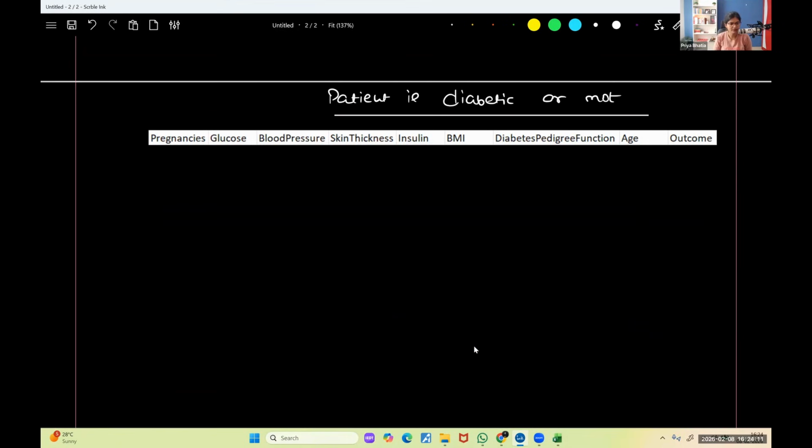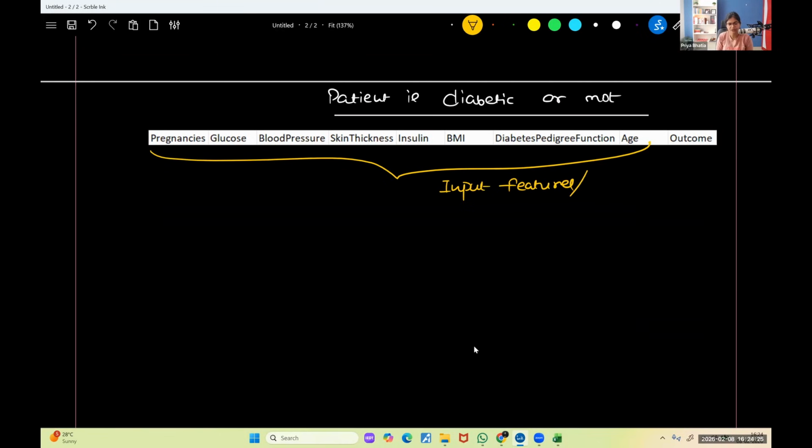So you will observe that we do have some sort of input features. These are also called independent features.